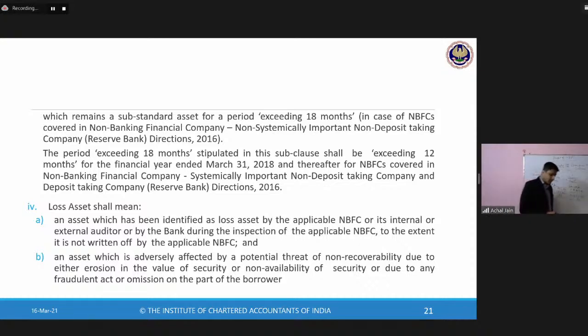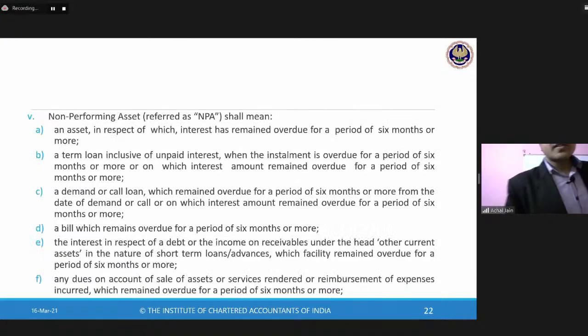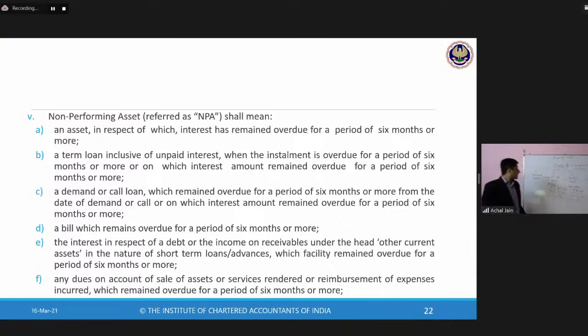Okay. Now, when we started with this substandard category, we understood that a standard asset will become substandard when it remains NPA. As a next step, we should also understand when would an asset be called an NPA.